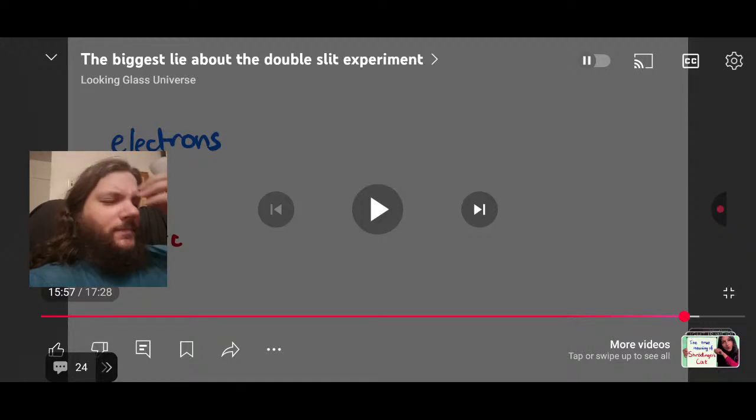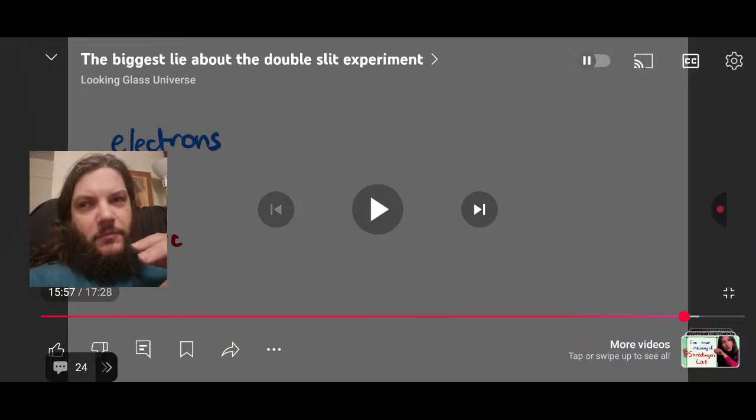Here's the thing, right? People have described photons as having a certain quanta and a certain wavelength and everything. But again, if you take light and you put it through a prism, it changes its frequency.